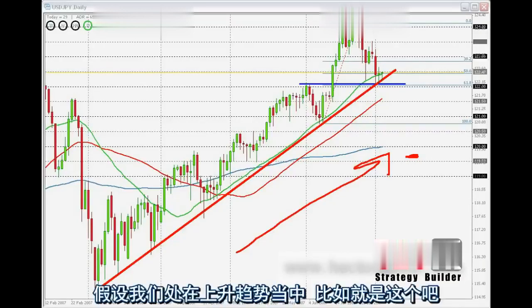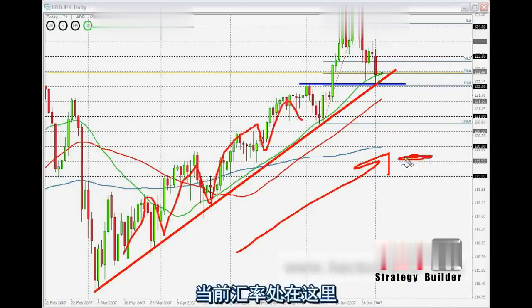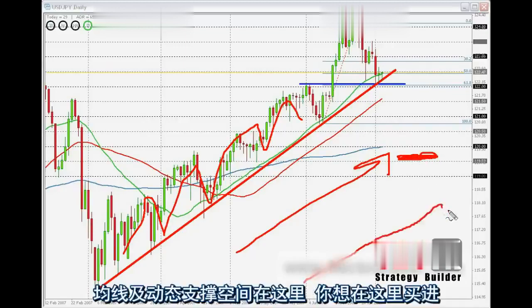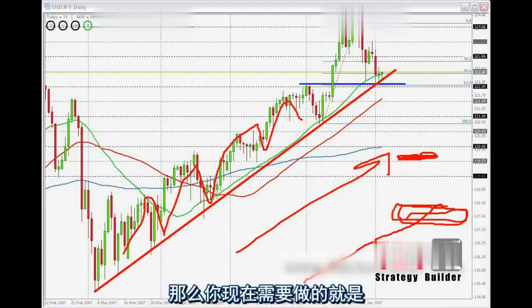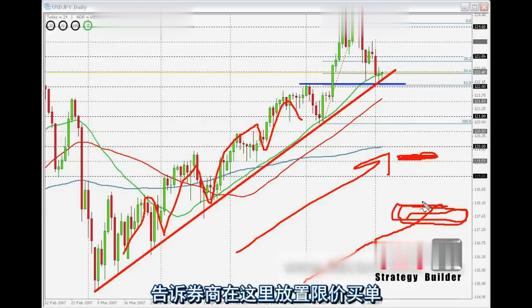So let's assume we are in an uptrending scenario such as this one, and price is around here. The moving averages and the support area you want to buy from are down here. So what you do is tell your broker, place a buy limit order right above this area.